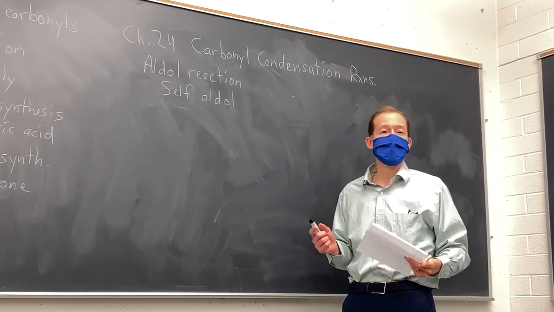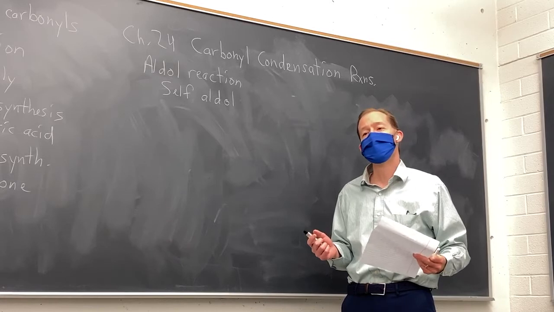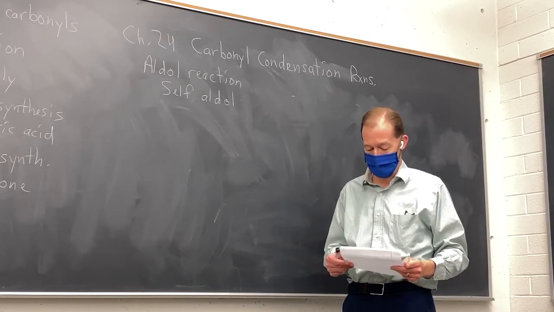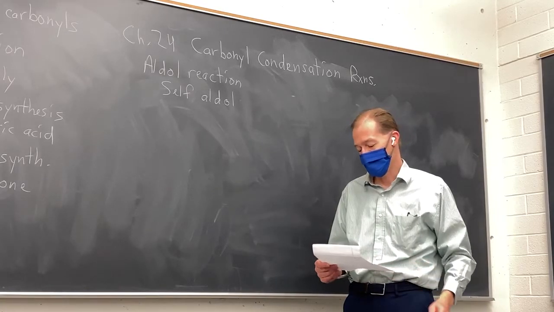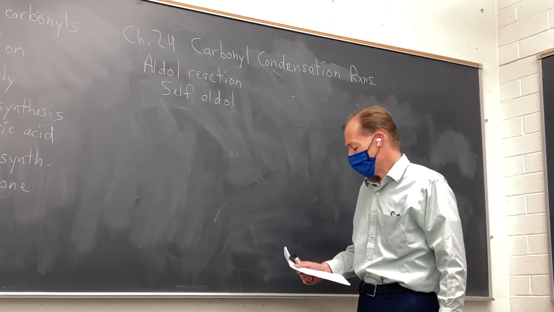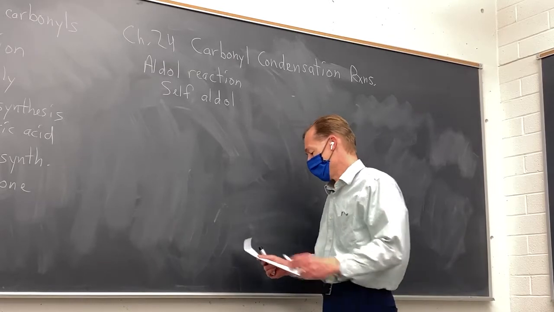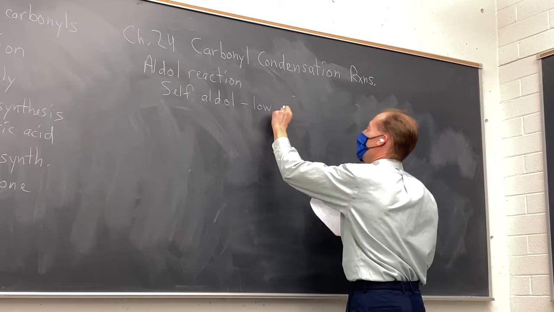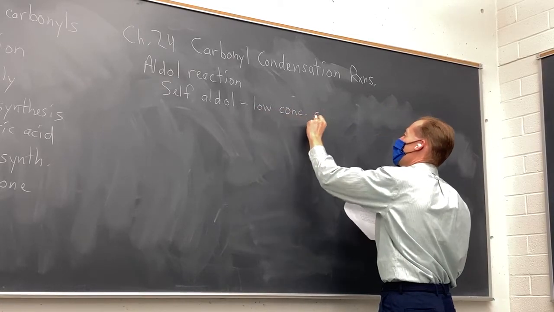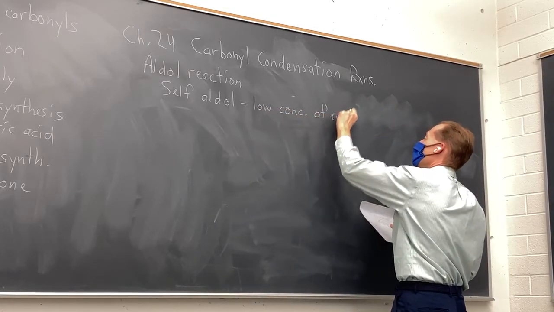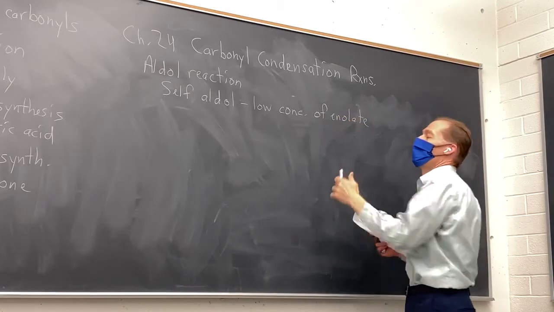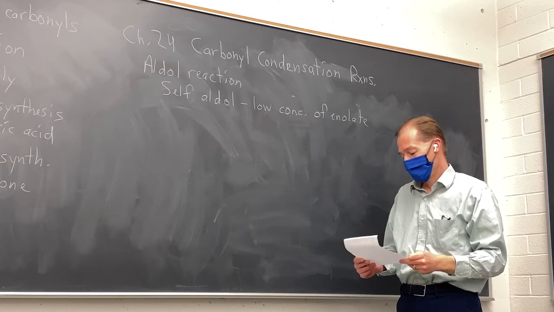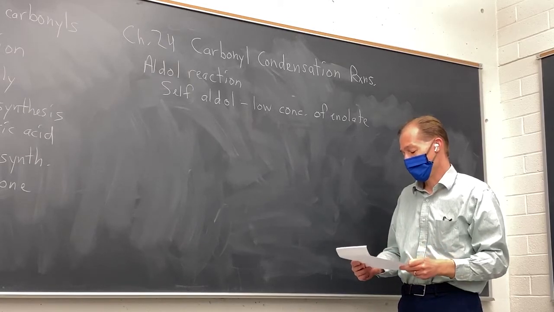We said that that process is thermodynamically favorable for aldehydes, but not thermodynamically favorable for ketones. A couple of other things we mentioned about it was that for the self-aldol, you need a low concentration of the enolate because you need most of it to remain as the aldehyde so that the enolate can attack the aldehyde.